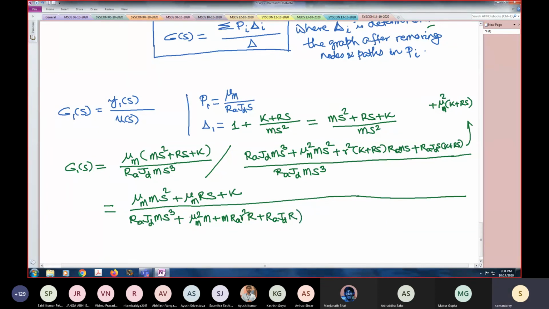So this much a square plus coefficient of s. We have r square k RAM. That is s. Then here we have RAZDK.